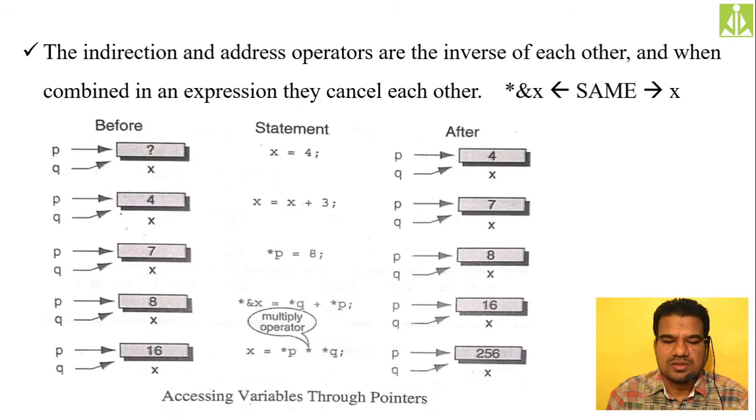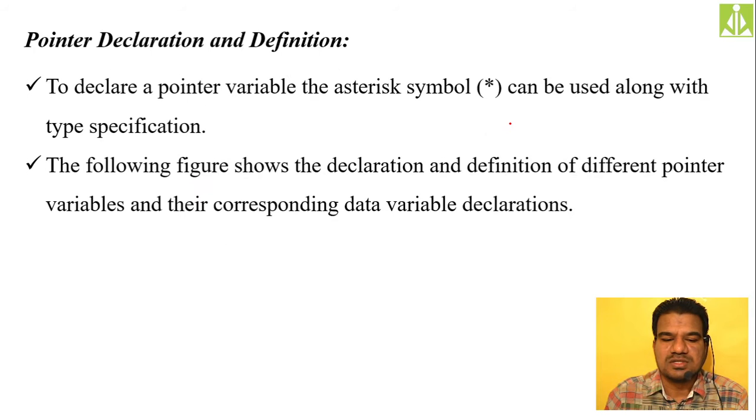Okay, so these examples we discussed, and we said indirection operator and address operator are inverse of each other. Inverse in the sense, simply they will cancel each other. So applying indirection as well as address operator together is same like giving the variable name itself, because these two operators, they will cancel each other. Okay, this concept also we discussed in our previous session.